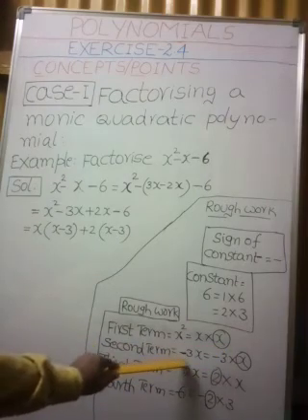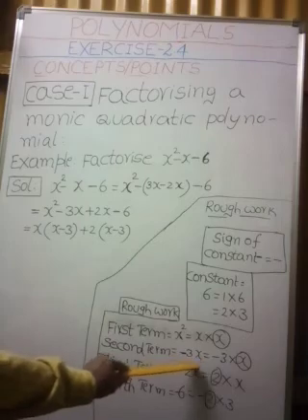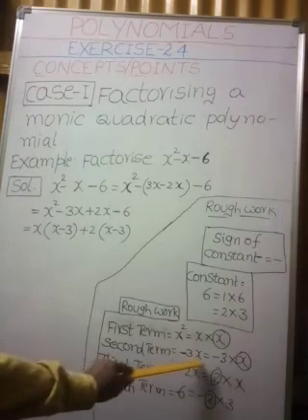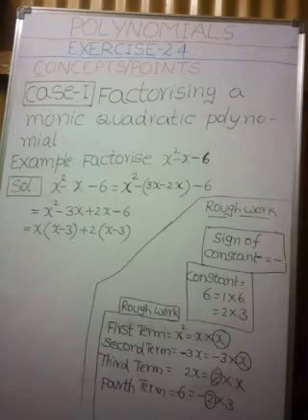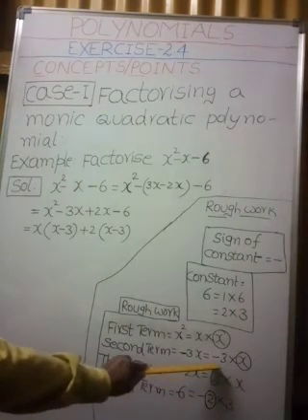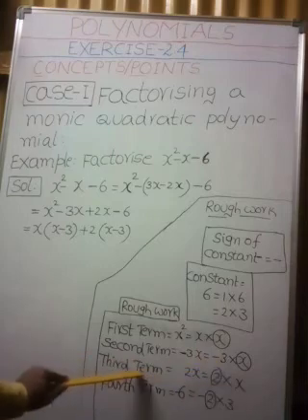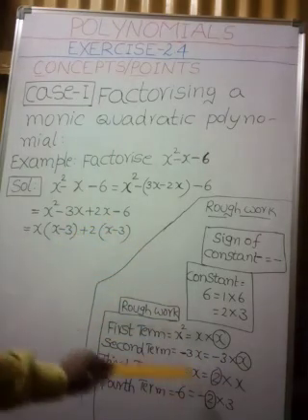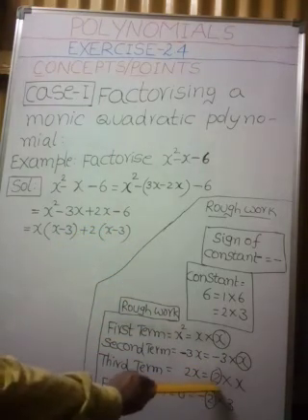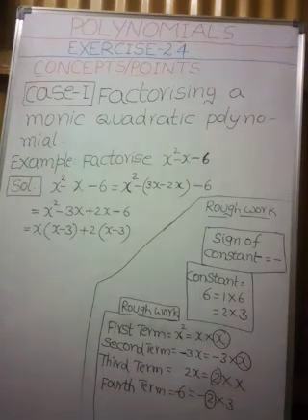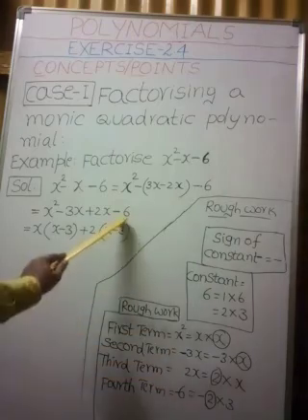Right. Next, what is the second term? Minus 3x. How can you write it? Minus 3x can be written as minus 3 into x. Understood this step? Right. What is the third term? Plus 2x. How can you write 2x? 2 into x. Understood this point? Right. Next, the fourth term is minus 6.